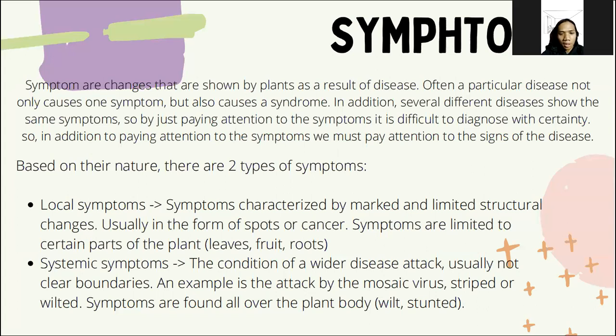The second, systemic symptoms. The condition of a wider disease attack, usually with no clear boundaries. An example is the attack by the mosaic virus, streak or wilt. Symptoms are found all over the plant body: wilt, stunt.